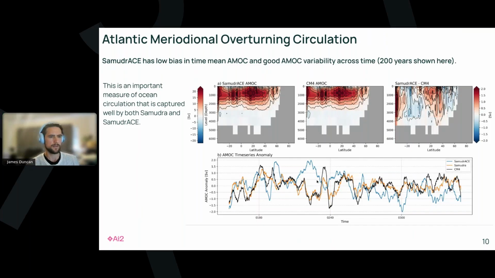And luckily, Samudra has a reasonable variability that we would expect for AMOC. And in terms of the time mean over 200 years, the biases are very small compared to the mean state of the AMOC. So this is a very important measure of the ocean circulation in the Atlantic that luckily is captured well by both Samudra and SamudrACE.